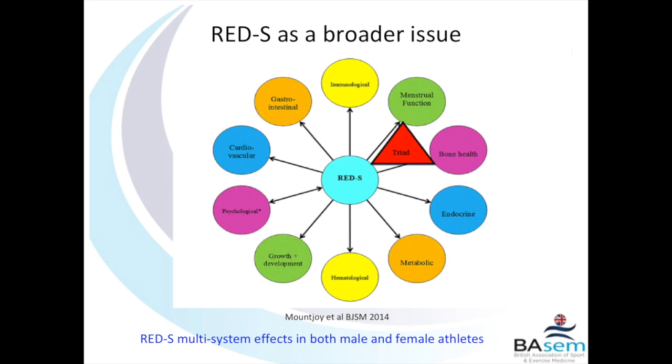So we have now evolved this clinical model into REDS, Relative Energy Deficiency in Sport, which can impact many aspects of health, systems in the body, shown in this diagram, and importantly includes male athletes as well.